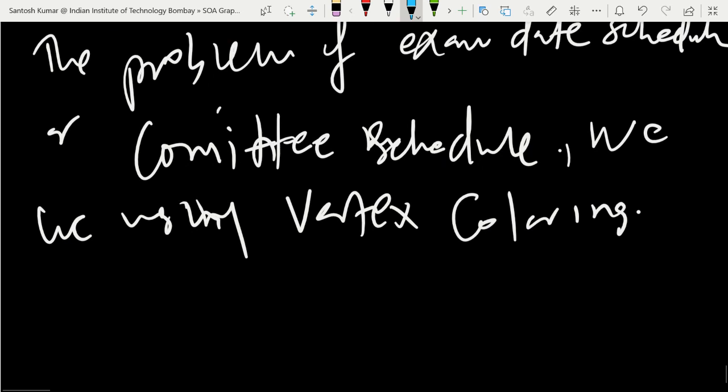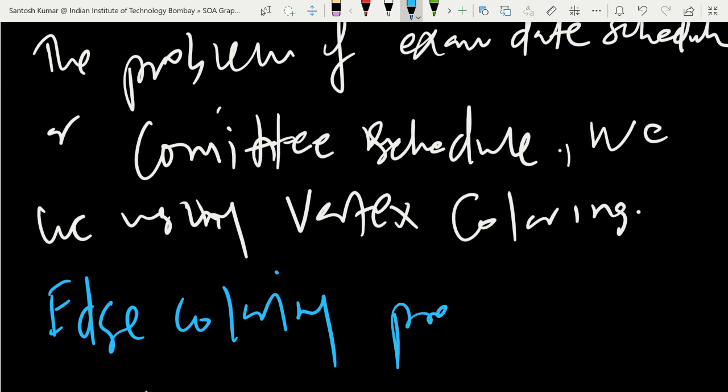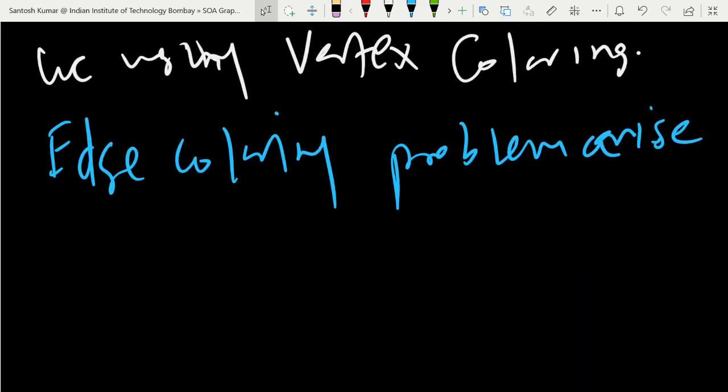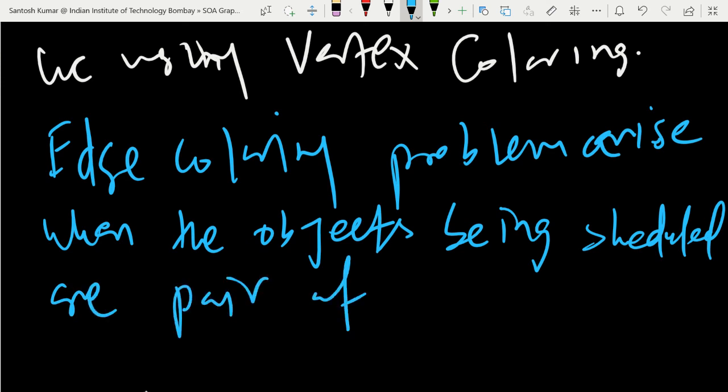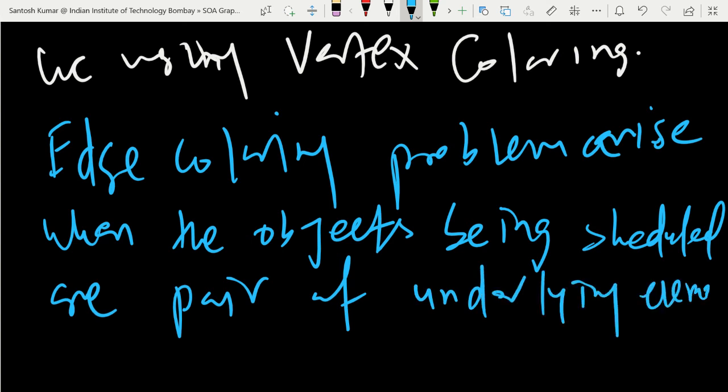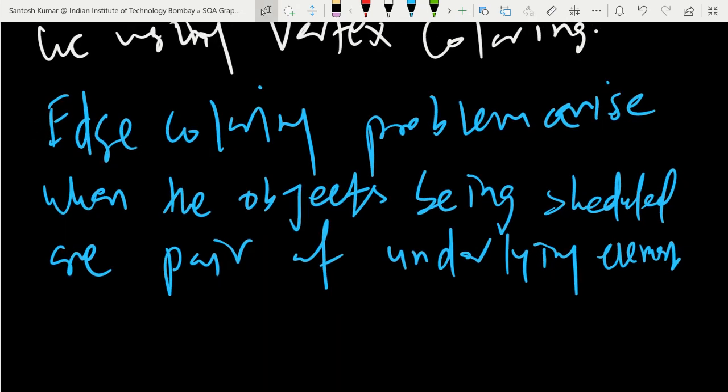But now the edge coloring problem arises when the objects being scheduled are pairs of underlying elements.